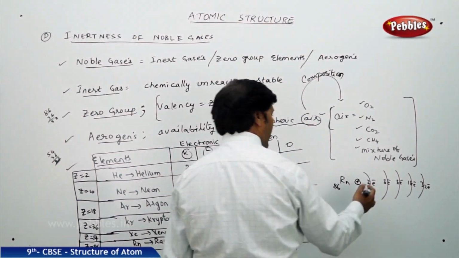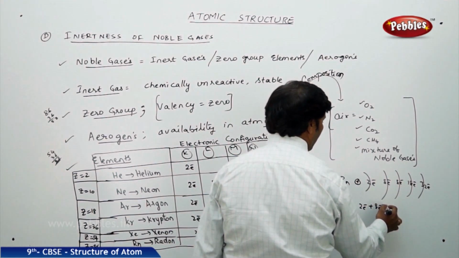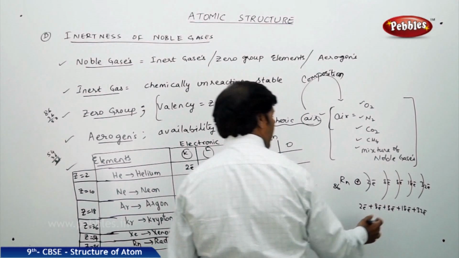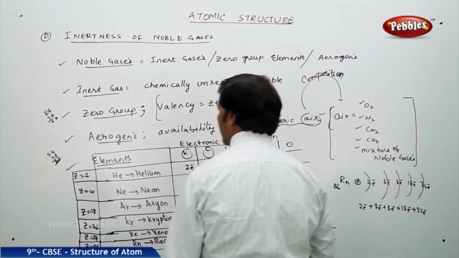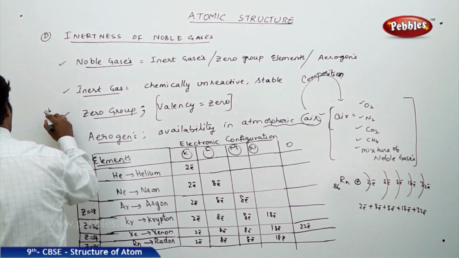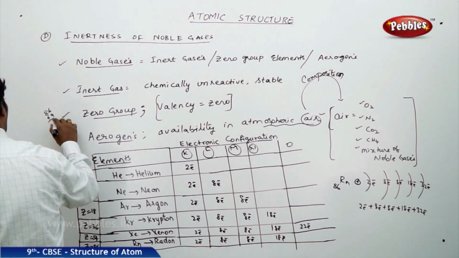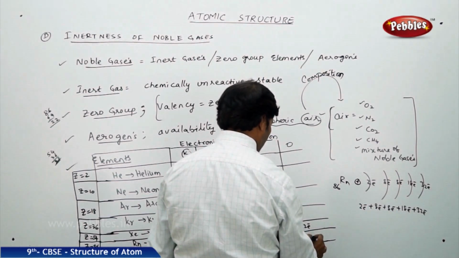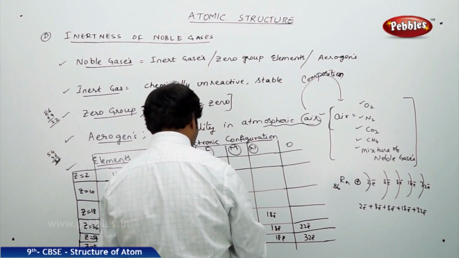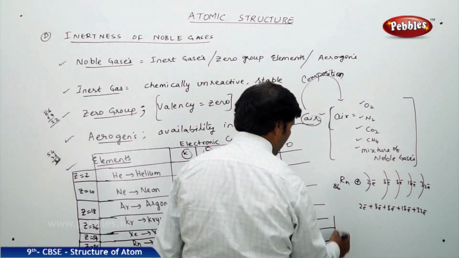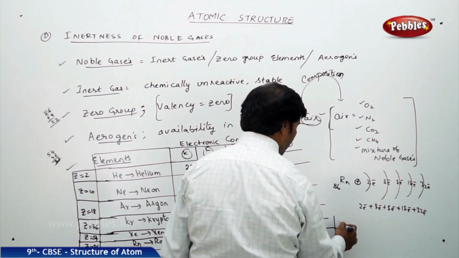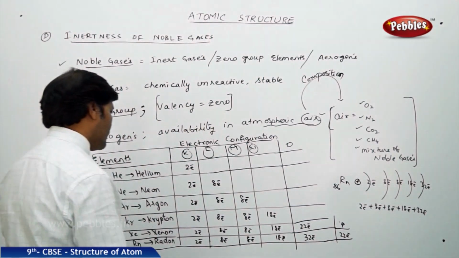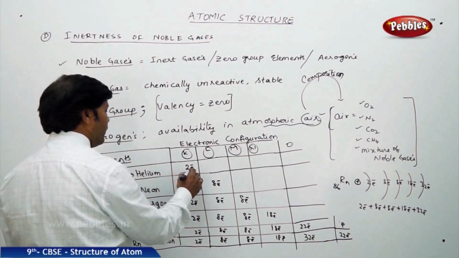If you add all this, 2 plus 8 plus 8 plus 18 plus 32, in total we get 68, and subtracting from 86 we get the remaining 18. So one more shell, the P shell, will also be introduced for radon.